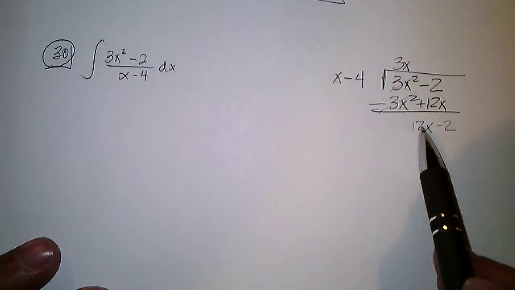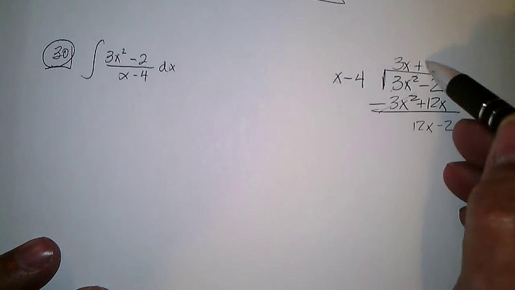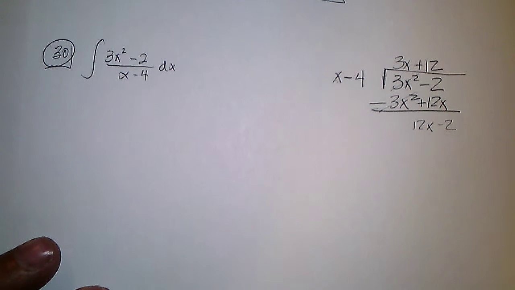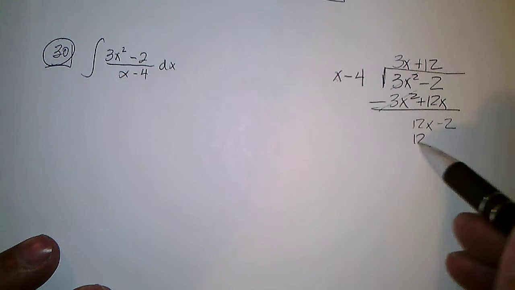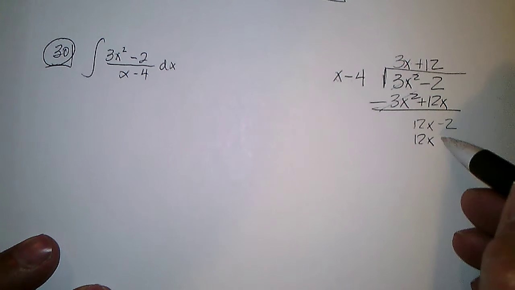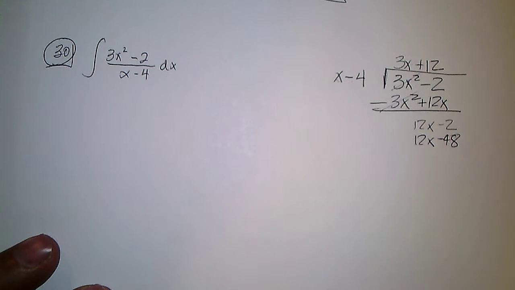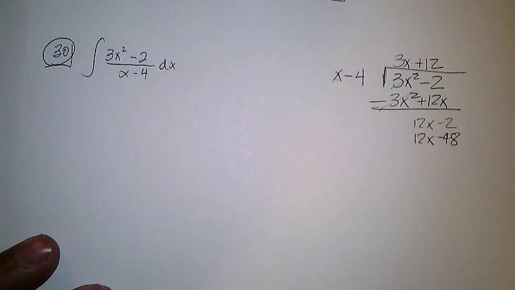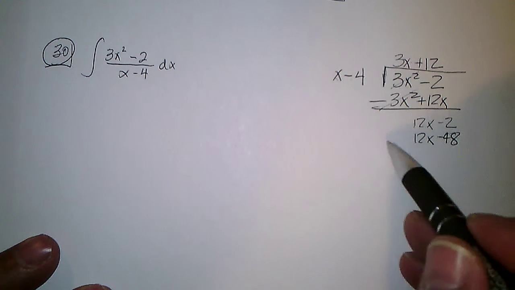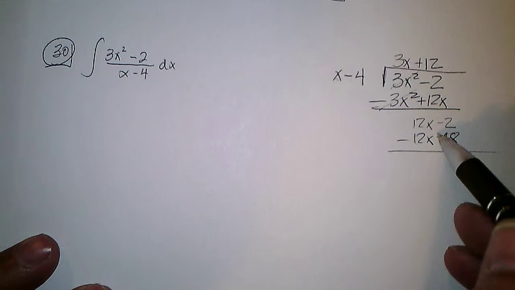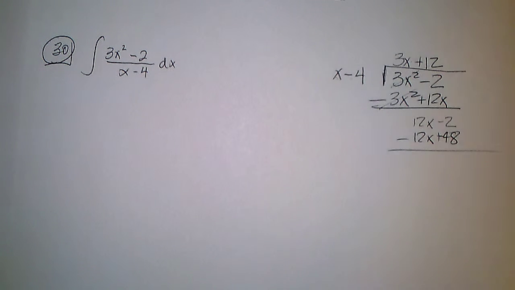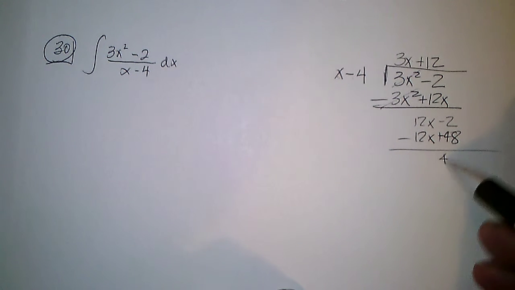And x times what is 12x? So that's plus 12. 12 times this is 12x. 12 times negative 4 is negative 48. And I draw the line, change the sign, so I can add, and I get 46.